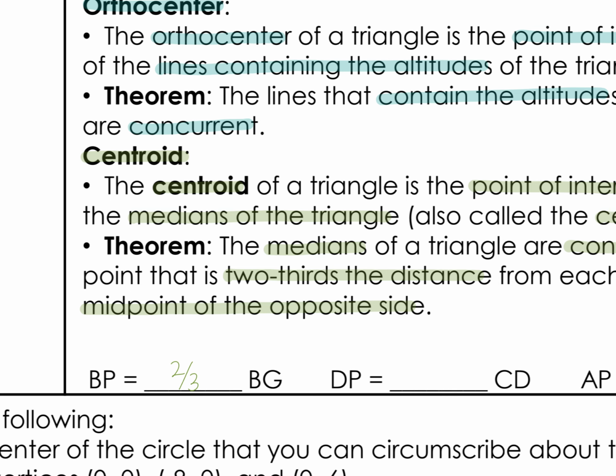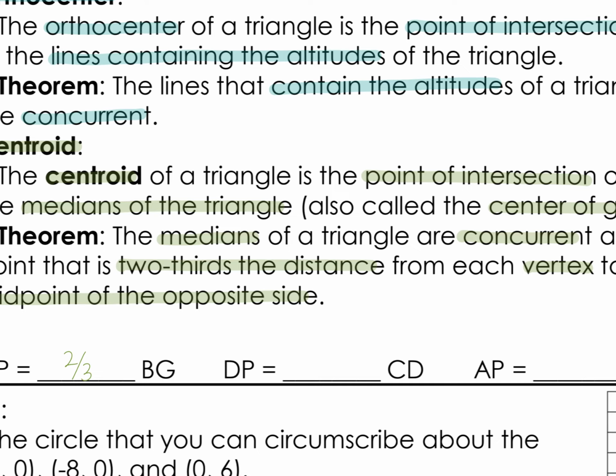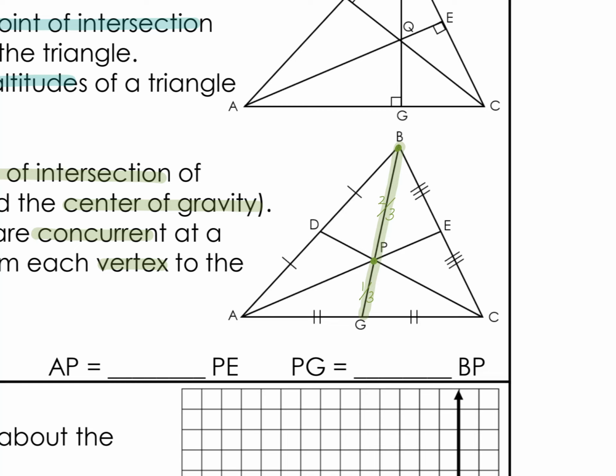Okay, so now let's look at the next one. We've got DP and CD. So let's look at the line that's going to be using those. That's going to be this purple line here. And so remember, same idea. From the center to my vertex, this is 2/3 of the entire line.